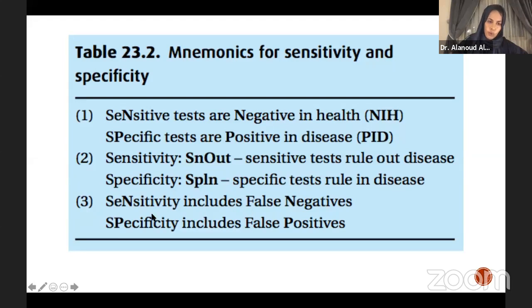Another good way to memorize sensitivity and specificity: sensitivity involves false negatives. So a sensitive test is a test that rules out false negative disease, while a specific test is a test that rules out false positive disease. And lastly, sensitive tests are negative in a healthy population, and specific tests are positive. Another way of memorizing this: when we do screening, let's say a mammogram, our mindset is to rule out the disease.